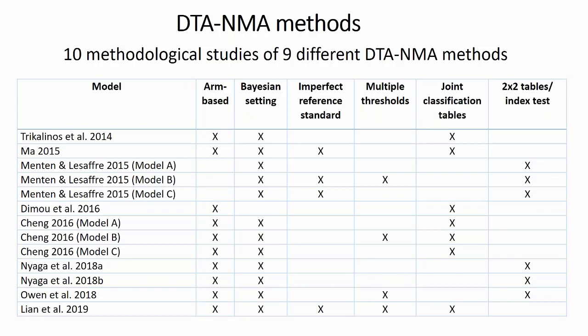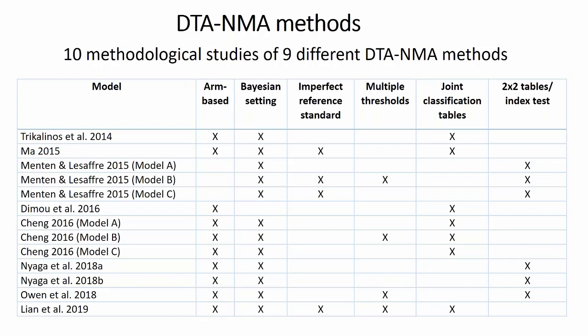Now, Ma in 2015 proposed a hierarchical DTA NMA model using a missing data framework to incorporate studies of any design, including studies with or without a reference standard. In the paper by Menten, they described 5 models, but only 3 of the models allow for direct and indirect comparisons.